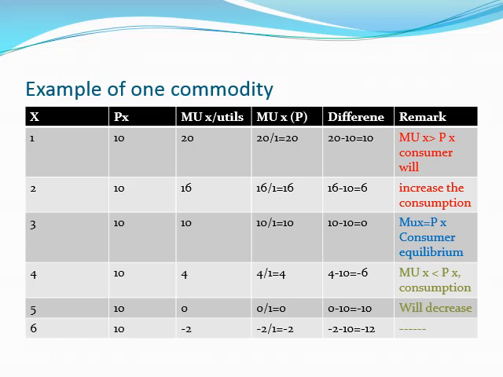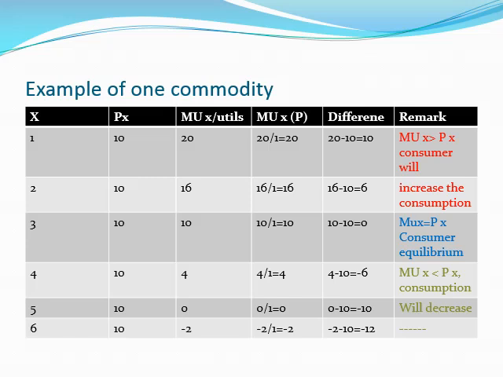For the first unit, MUX is more than PX, so the consumer will consume. When the second unit increases the consumption, and at the third, MUX equals PX, as you see 10 equals 10, so the consumer is in equilibrium at the third unit.